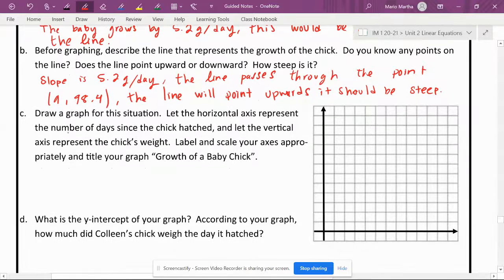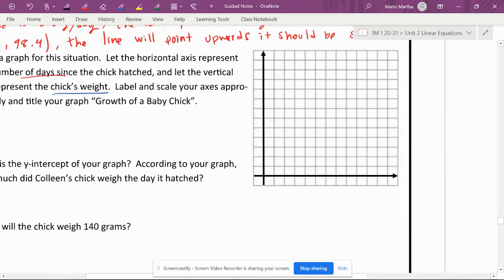So now we want to draw a graph for this situation. Let the horizontal axis represent the number of days since the chick hatched, and let the vertical axis represent its weight. So this is going to be the number of days, so X, days down here. And then our Y axis is going to be the weight of the chick in grams.